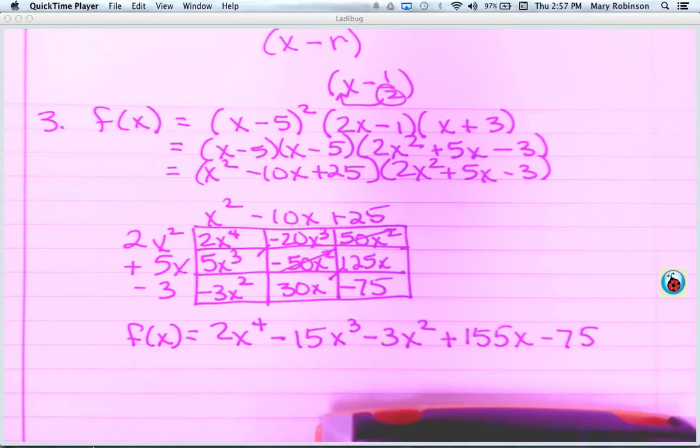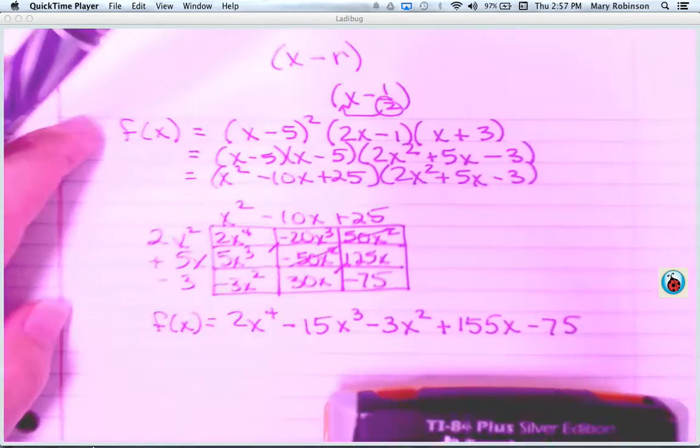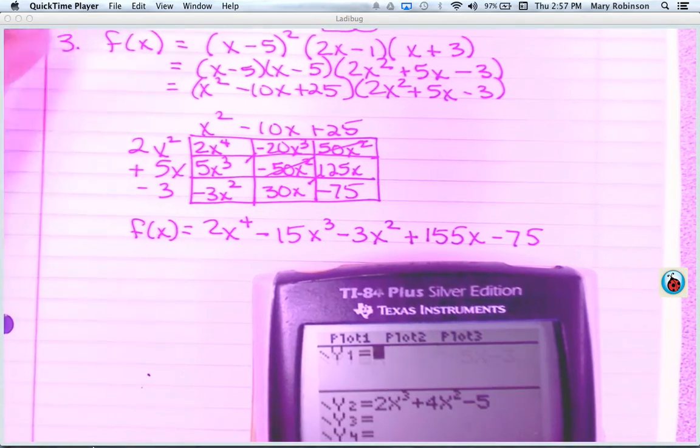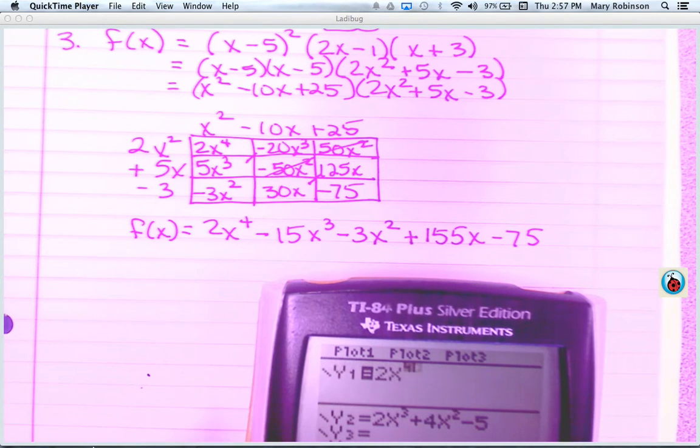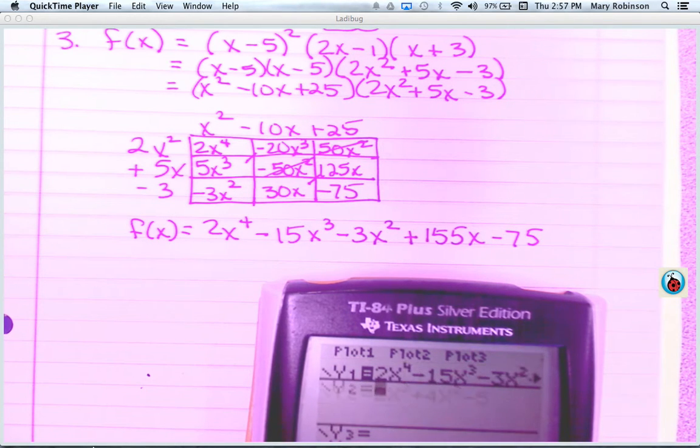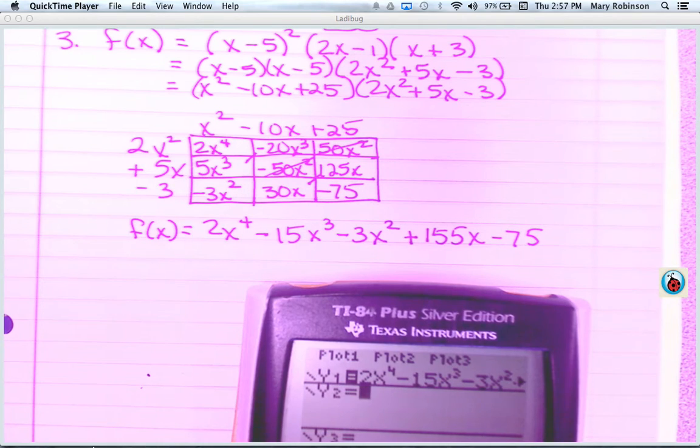So I'm going to go to y equals and type in my function. 2x to the 4th minus 15x cubed minus 3x squared plus 155x minus 75. Make sure I've typed it in right.